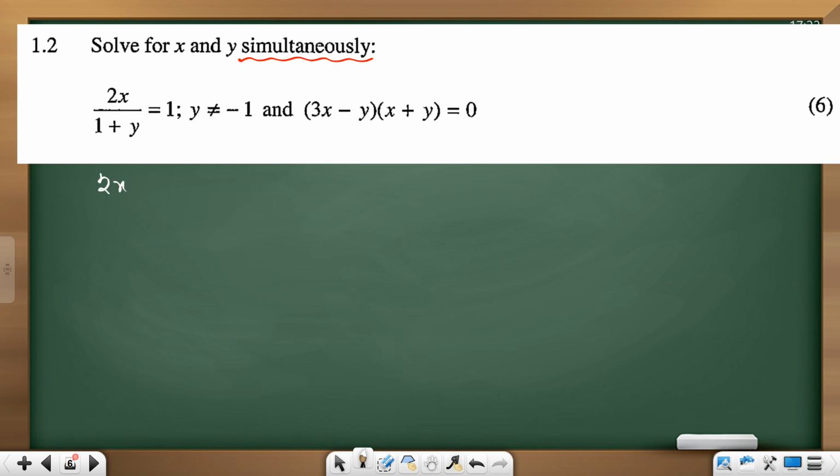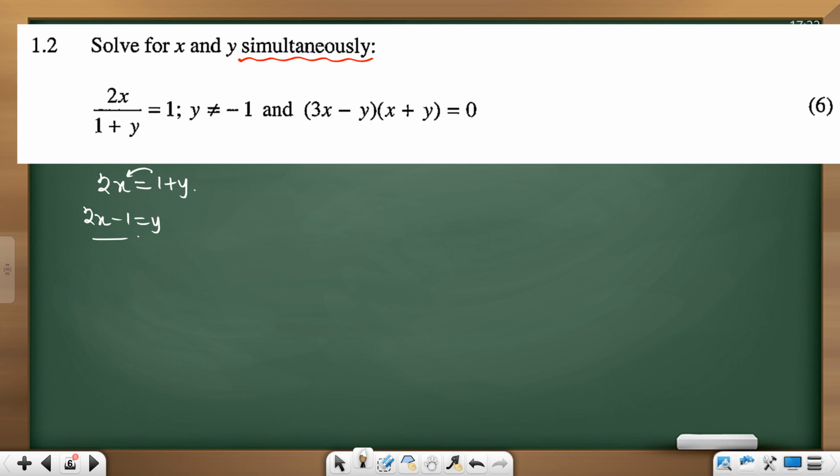Lovely. So 2x will be equal to what? 1 plus y. Don't make your life complex. Don't look at fractions. 2x minus 1 equals y. What would you then do? Sub into this equation. Okay, we can sub in, and we can do something else if you don't want to sub.